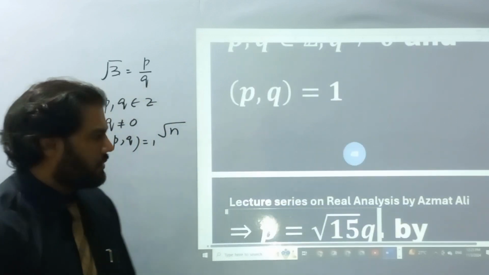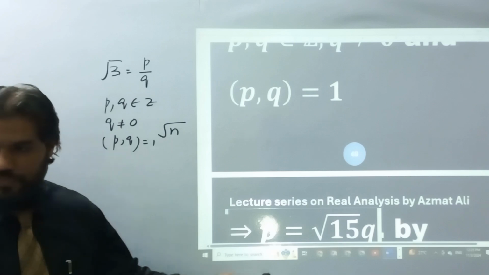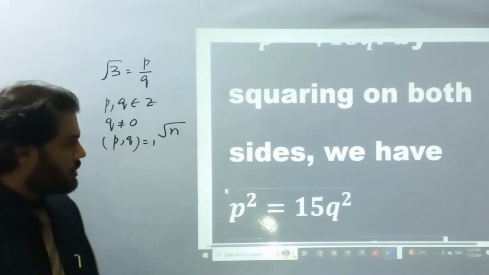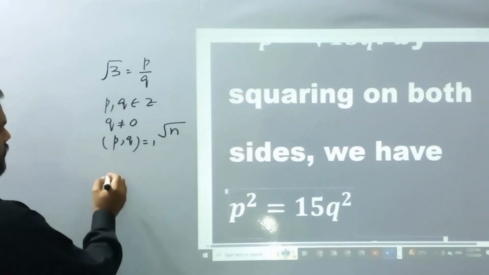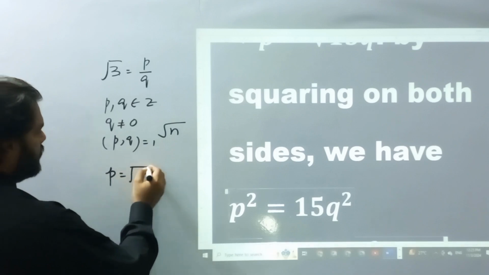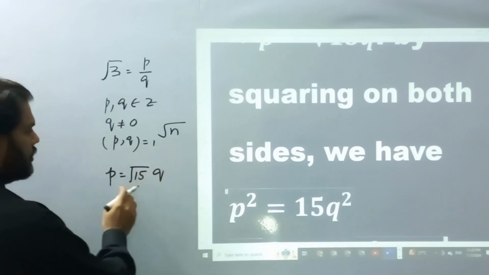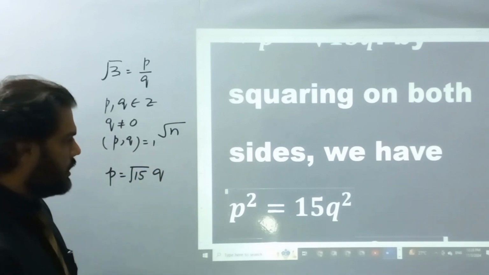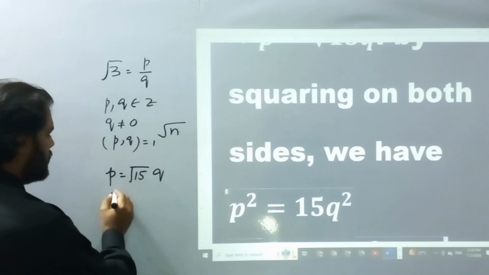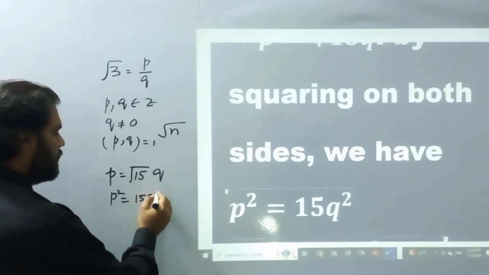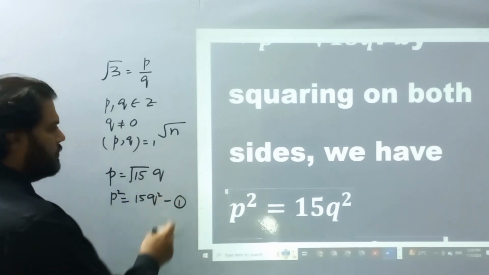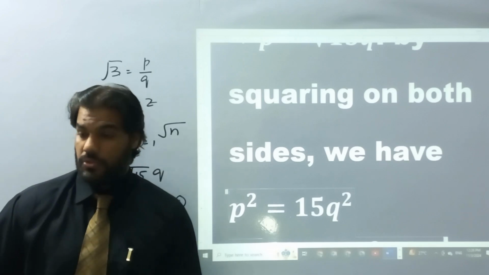So we have p is equal to square root 15 q. By squaring on both sides, we have p square is equal to 15q square. This is our first equation that we will use.